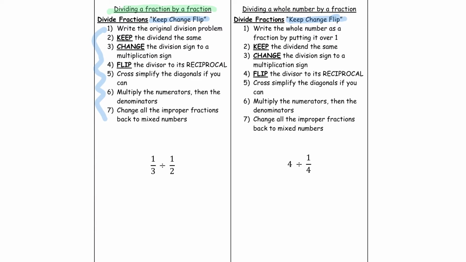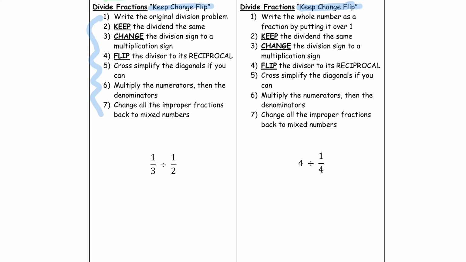The first thing you're going to do is write your original division problem. The example is 1/3 divided by 1/2. I always do this: KCF. Keep, change, flip. So what exactly does that mean? It means to keep the first fraction the same, 1/3.